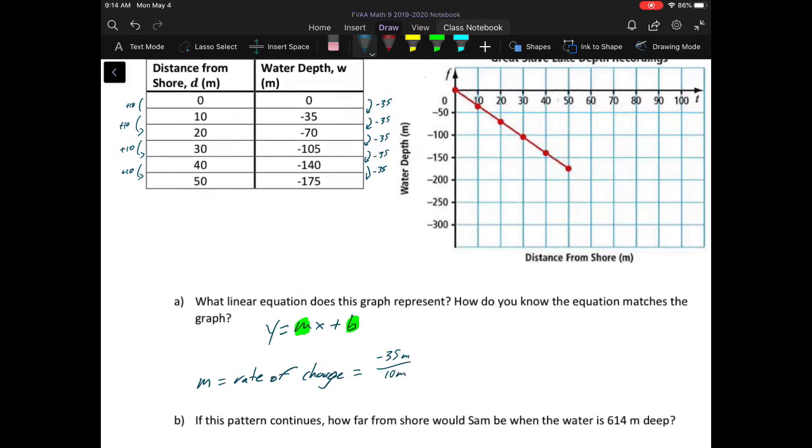Okay, so my rate of change is this fraction of negative 35 over 10. Okay, we can reduce this fraction to negative 7 over 2, just by dividing the top and bottom by 5 there. Okay, so I have a rate of change that's a fraction here. So for every 2 meters from the shore, you're going down 7 meters.